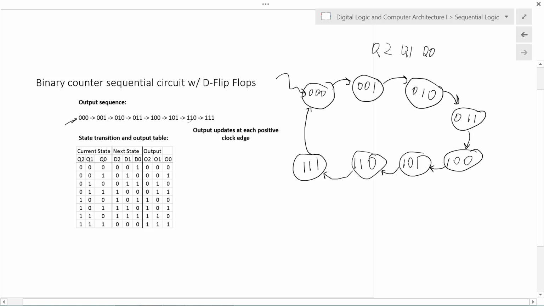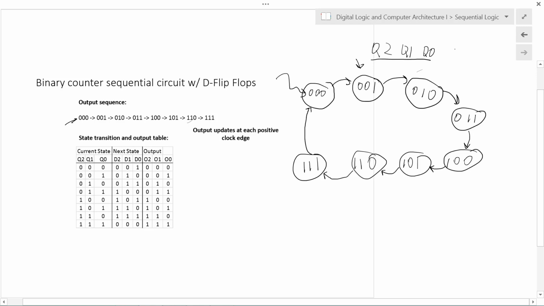The next state transition: our input is 000, our next state is 001. So these would be our inputs.